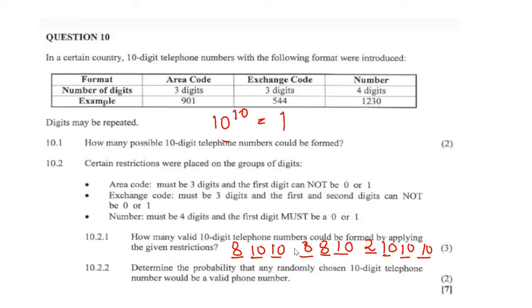Then to get your answer here, you simply need to multiply everything. So that's 8 multiplied by 10 multiplied by 10 multiplied by 8 multiplied by 8 multiplied by 10 multiplied by 2 multiplied by 10 multiplied by 10 multiplied by 10.